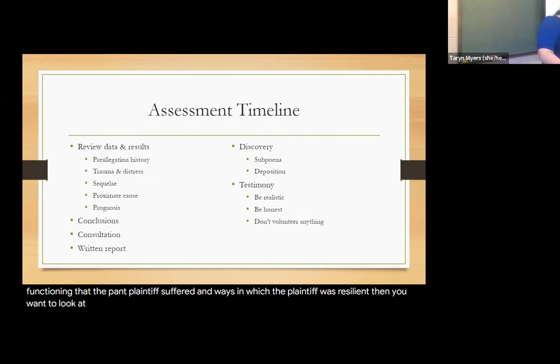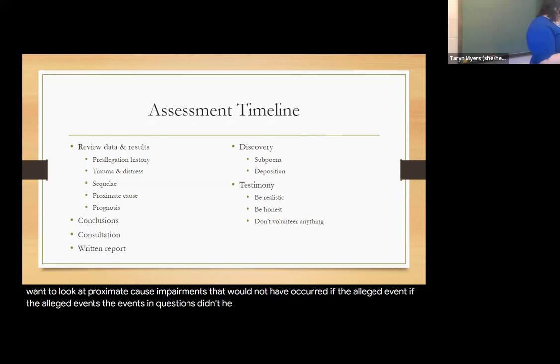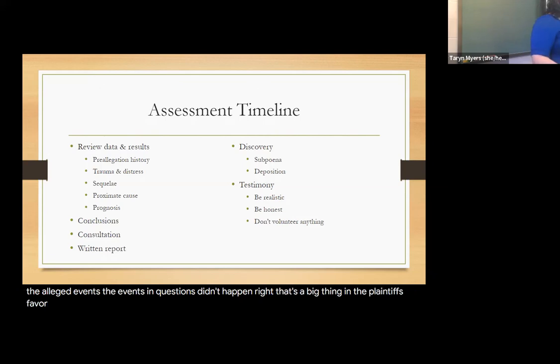Then you want to look at proximate cause, impairments that would not have occurred if the alleged events, the events in question, didn't happen, right? That's a big thing in the plaintiff's favor. So if you can say this person would not have XYZ going on if they hadn't had this incident.